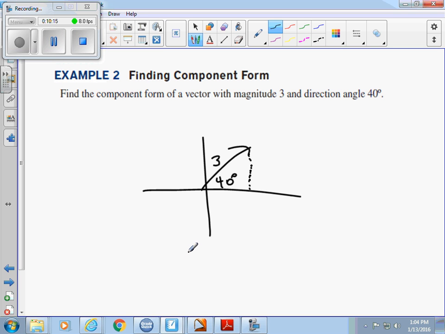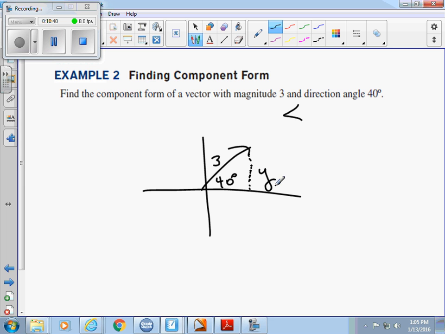And I'm going to remind you of some shortcut formulas to do this, but we're going to think it through for the first time. So component form means I need the A and the B. Same thing as an X and a Y, right? I need the horizontal component. You may remember from trig, we called that the horizontal component, and the vertical component, the Y value. So I need both of those.